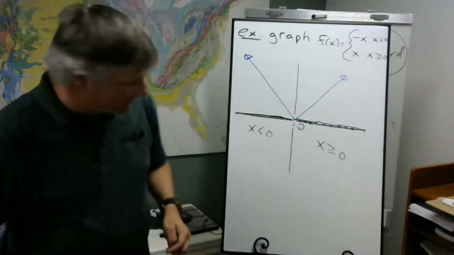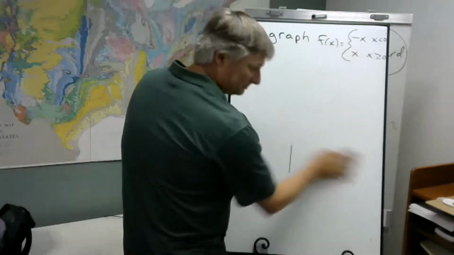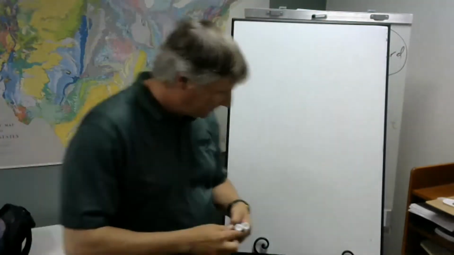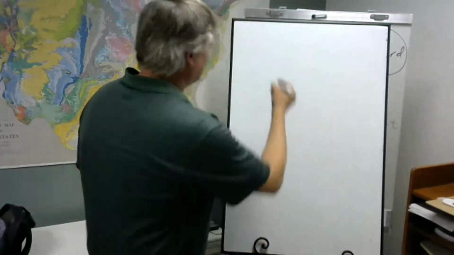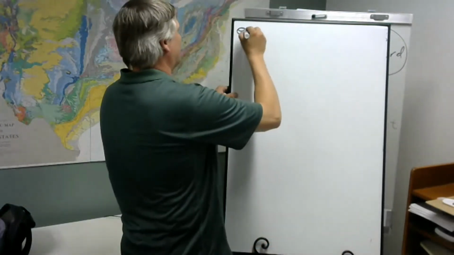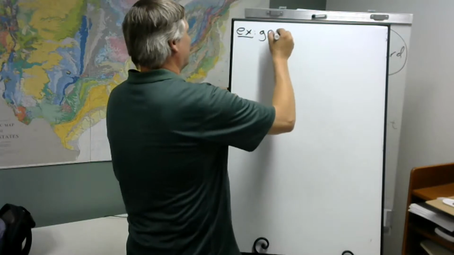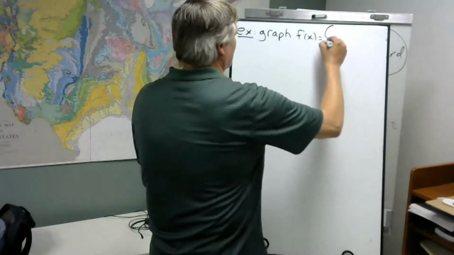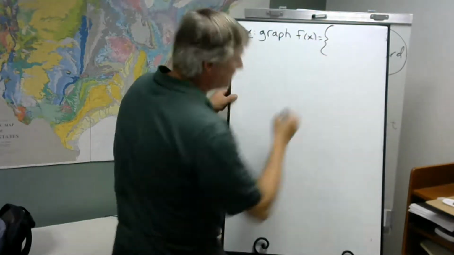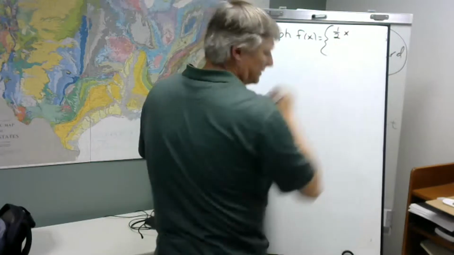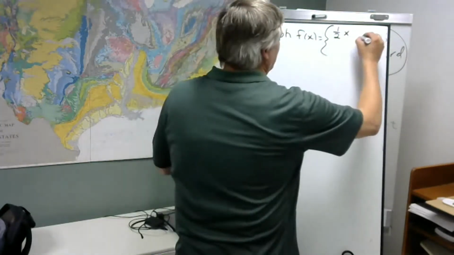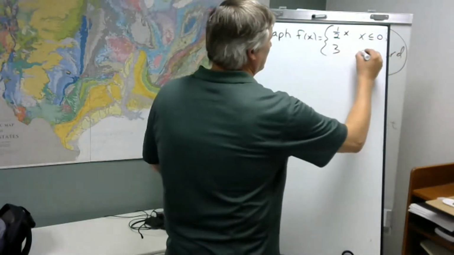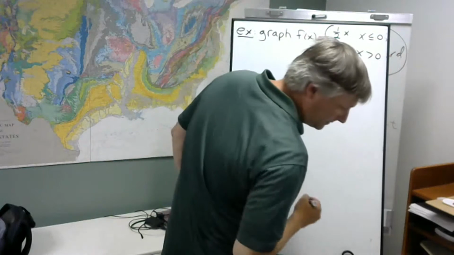Let's take a look at another one. So 1/2 x less than or equal to 0, and then 3 for x greater than 0.